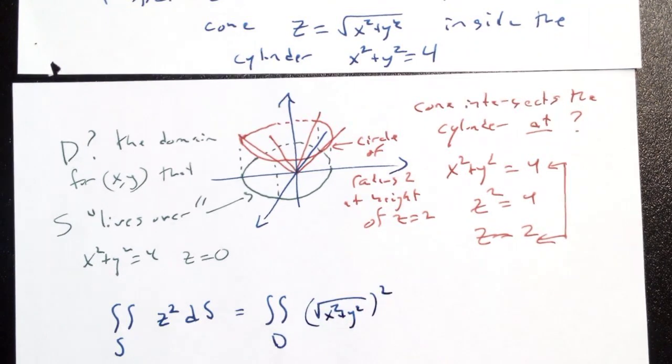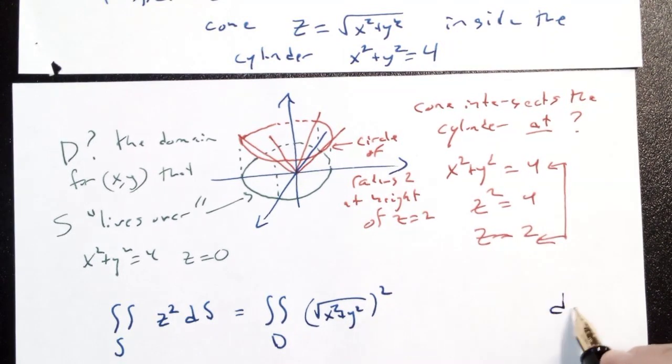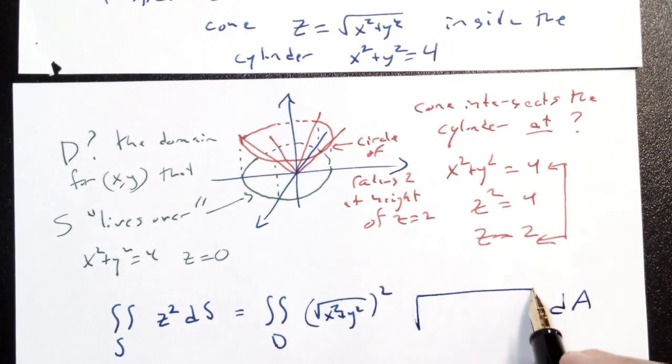What does dS get replaced by? Almost. I need the surface area piece and the dA. The dA goes way here at the end. What goes in there?